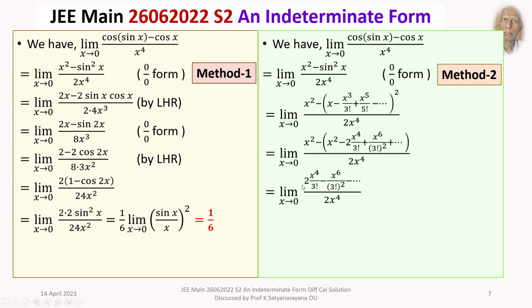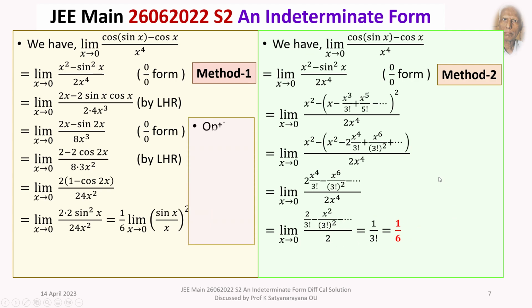Now in the numerator take x to the power of 4 common, and in the denominator x to the power of 4 is there. Then you will have the limit as x tends to 0 of 2 by 3 factorial minus x square by 3 factorial square minus the higher powers of x. Now as x tends to 0, it is 2 by 3 factorial by 2, that is 1 by 3 factorial, and the rest will be 0, and that is 1 by 6.